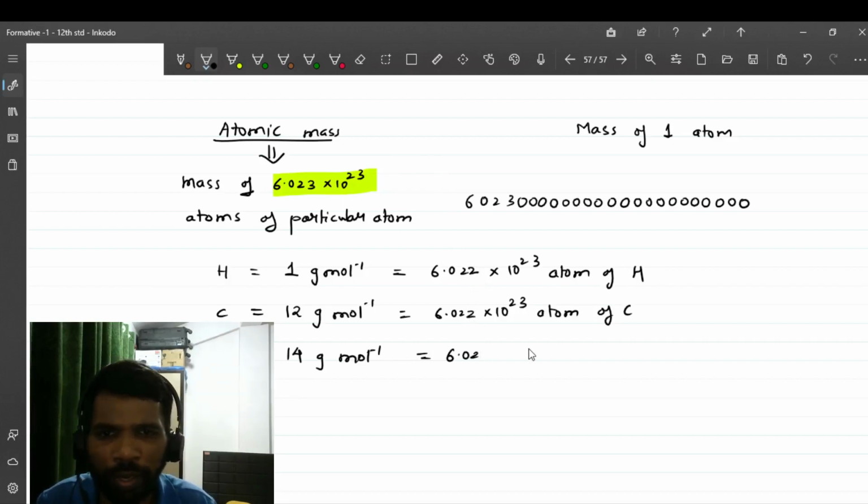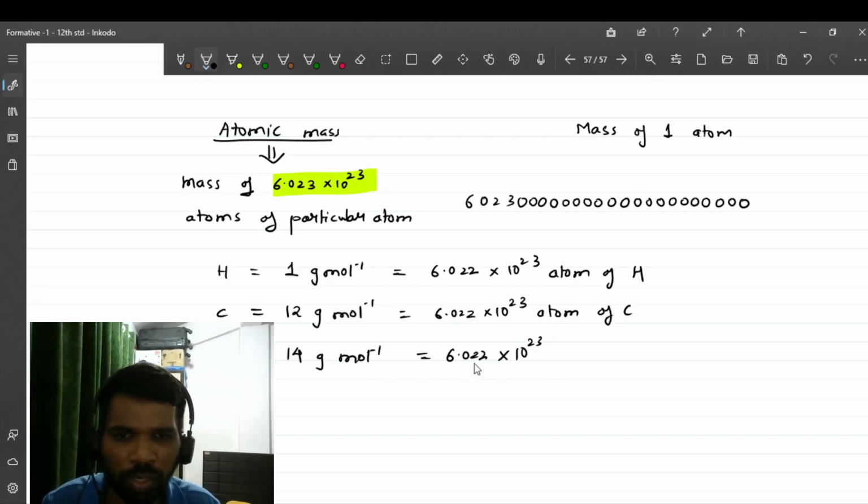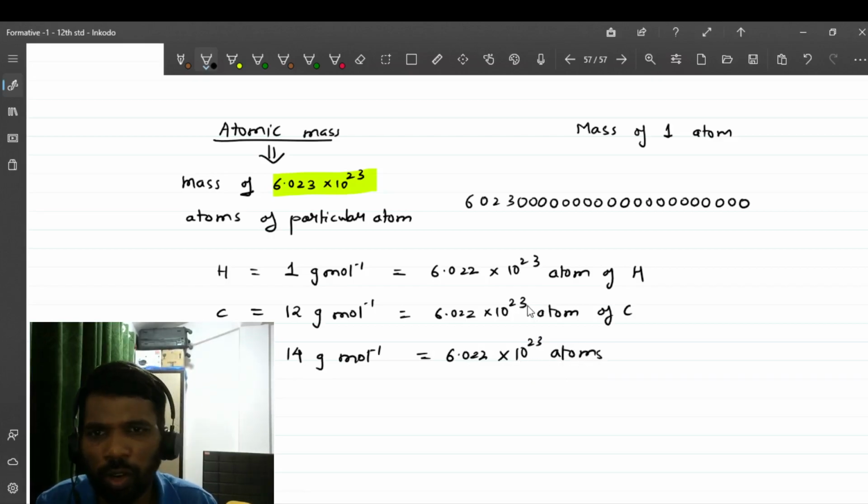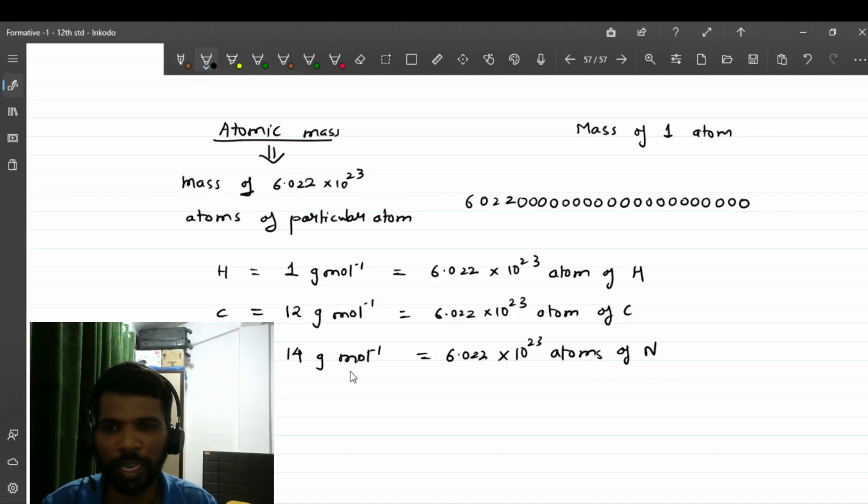When you solve numericals for a competitive exam, it won't matter much. So these many atoms of nitrogen will come together, and that time it will weigh 14 grams.